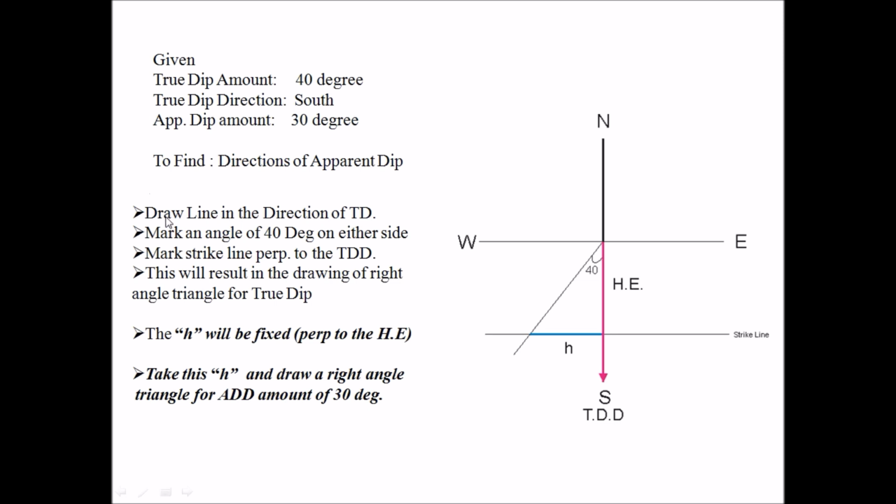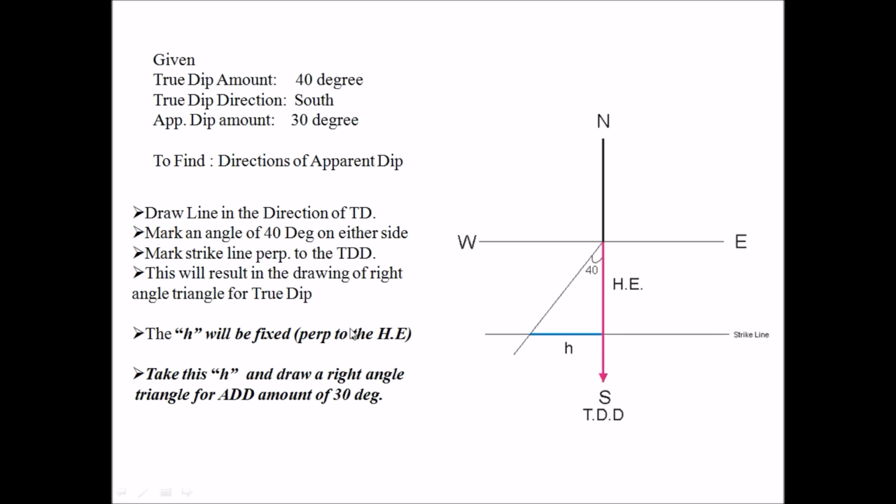So what we do, draw a line in the direction of true dip as was done earlier, mark an angle of 40 degrees on either side, either this side or this side, mark a strike line perpendicular to the true dip direction. This is the strike line. This will result in drawing of right angled triangle for the true dip. This was what we had done earlier.